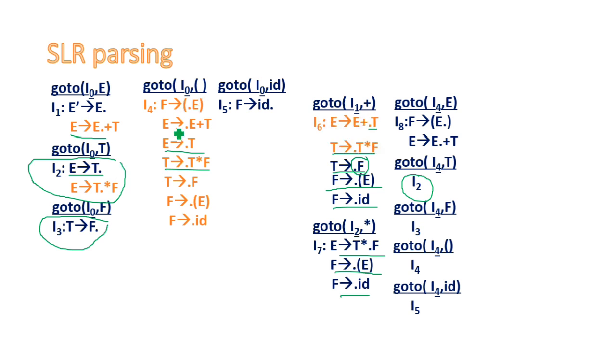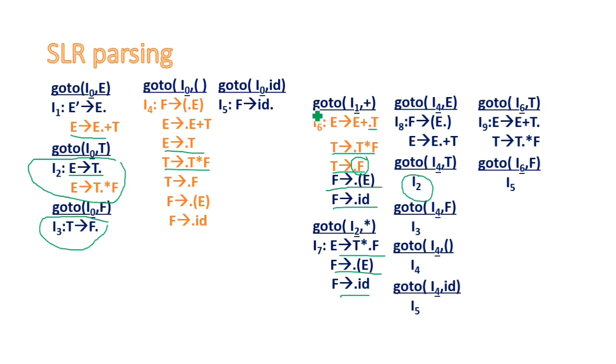Now we have to process I6. In I6, dot is before T. When we do that, it will become E tends to E plus T dot and T tends to T dot star F. Now again in I6 when the dot is before F, F has to be processed. So T tends to F dot will be resulting in I3.